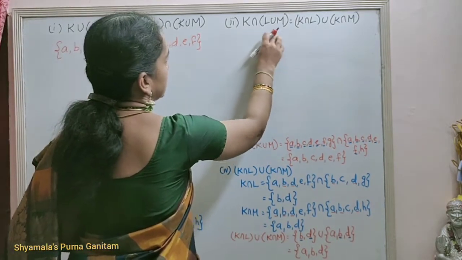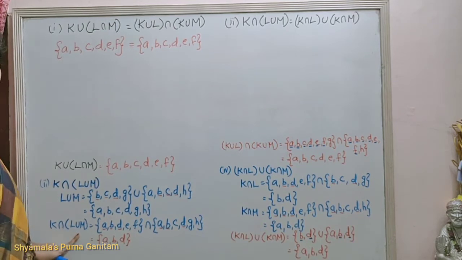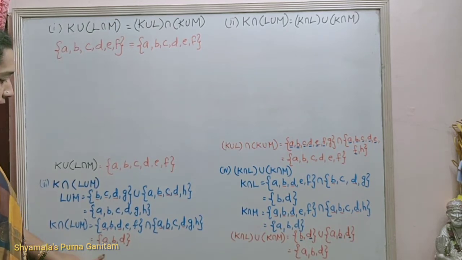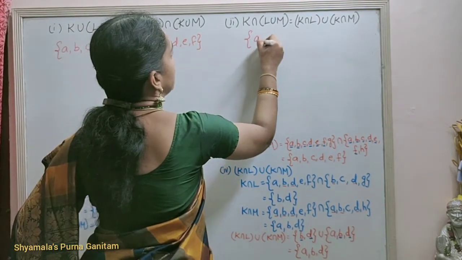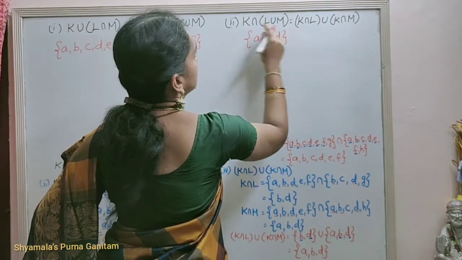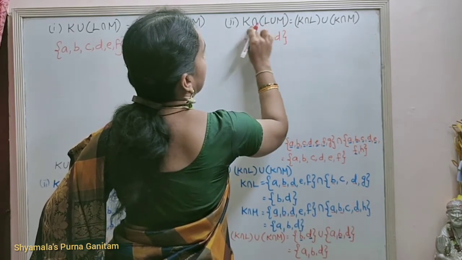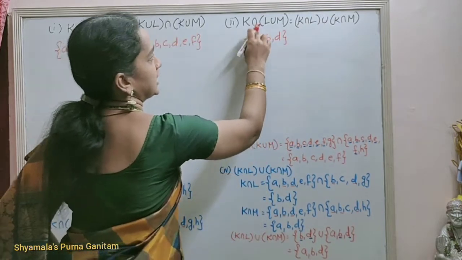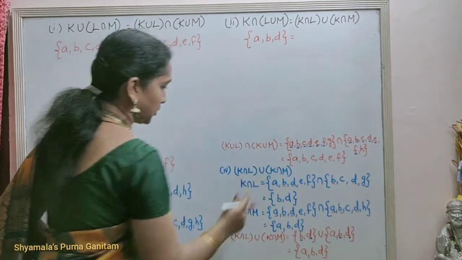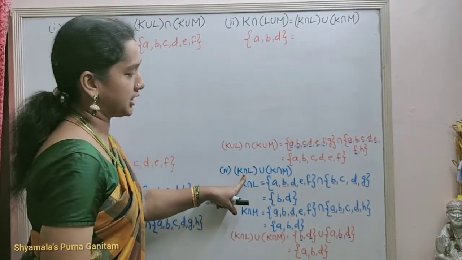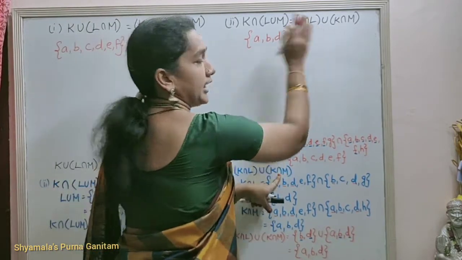The next one is this one. K intersection L union M. So that is K intersection L union M is A, B and D. And the other one is K intersection L union K intersection M. That is only RHS.